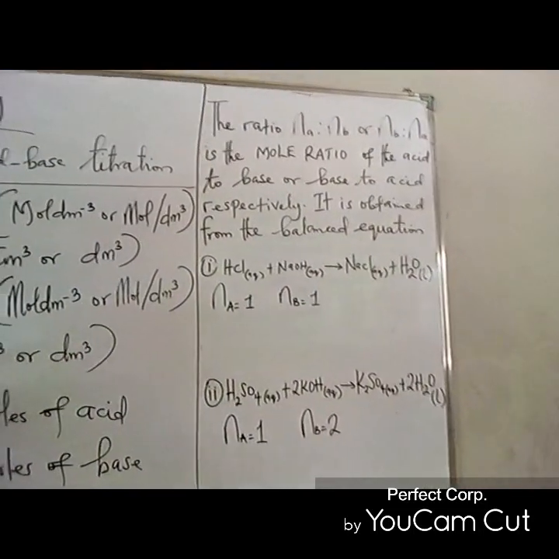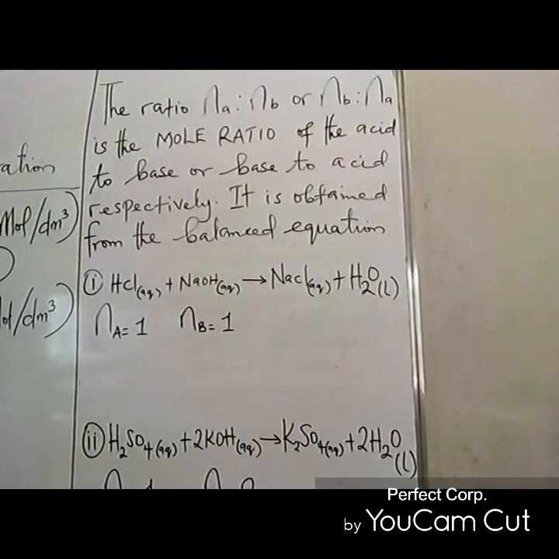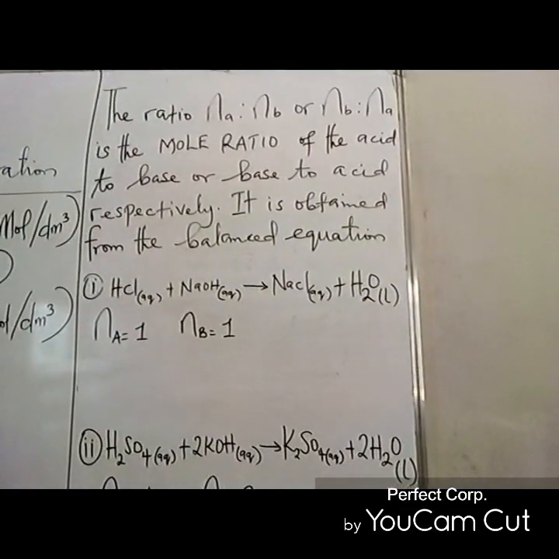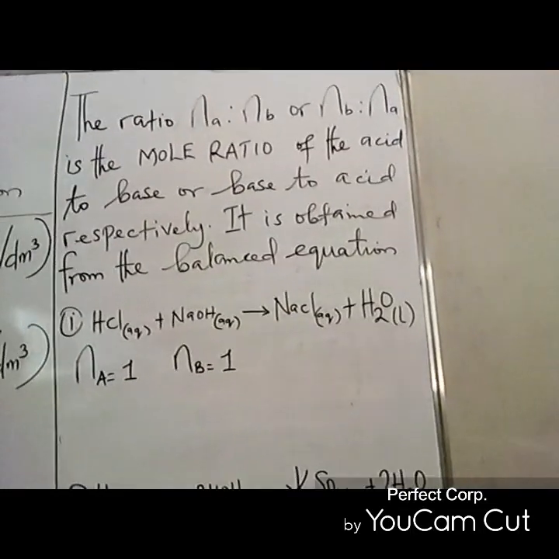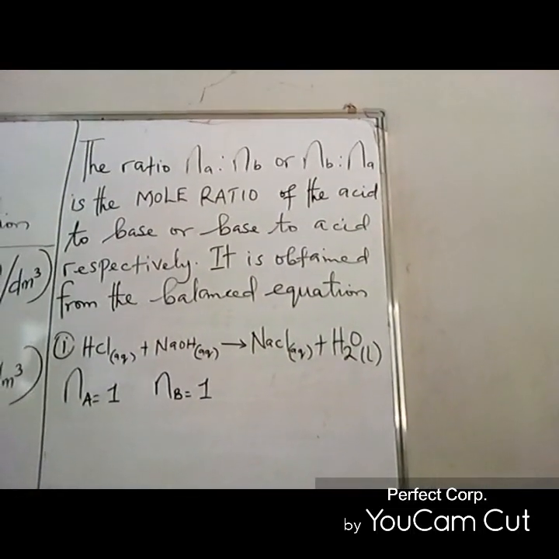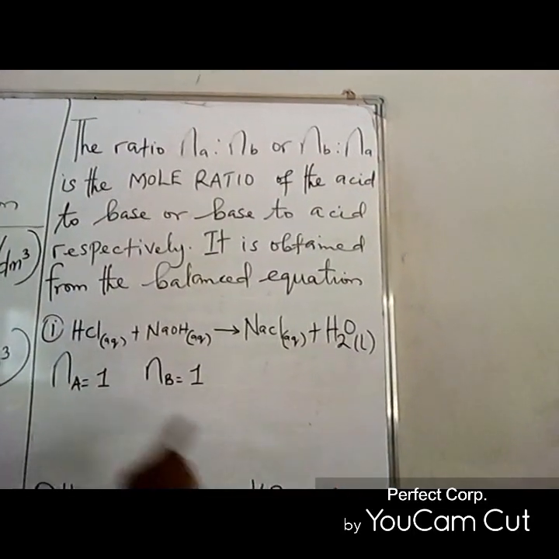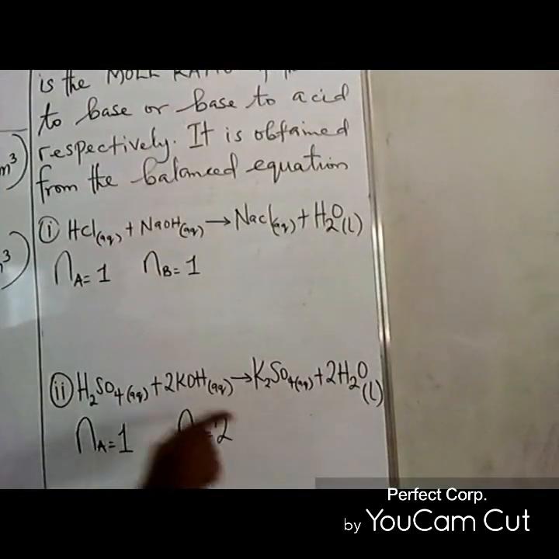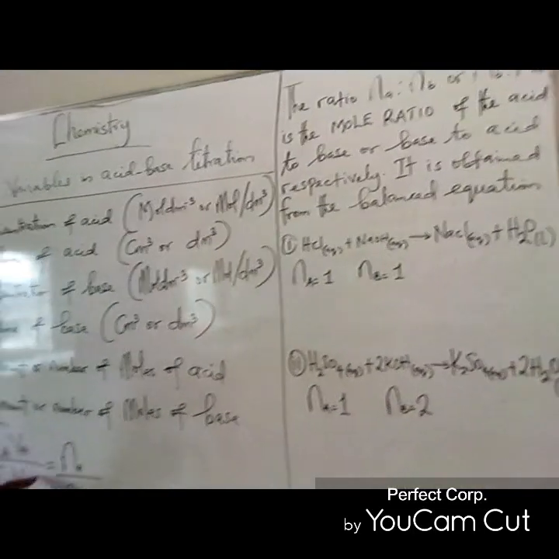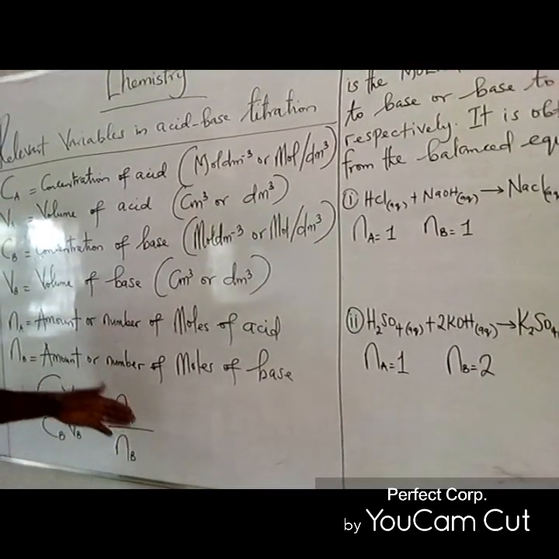Now, how do you know when to make use of this variable in carrying out acid-base titration? In such practical, please always take note. In the questions that you'll be given in acid-base titration practical, whenever you see an equation, provided there's an equation there, just have it in mind that you are going to make use of this formula: CAVA all over CBVB is equal to NA all over NB.